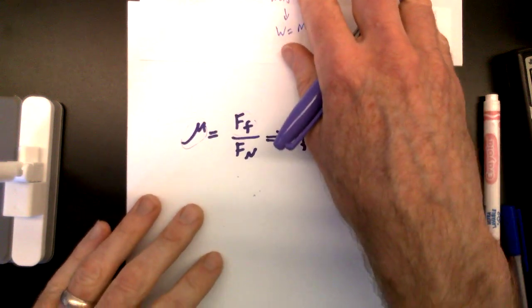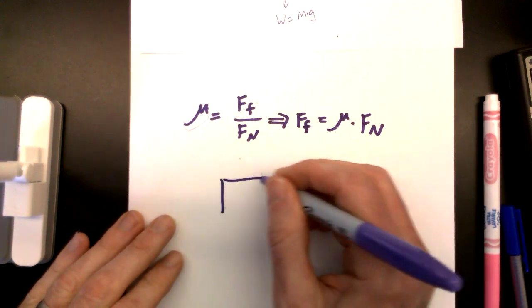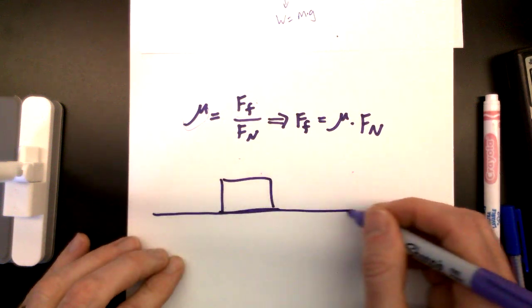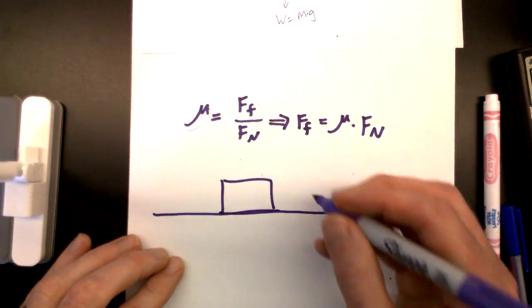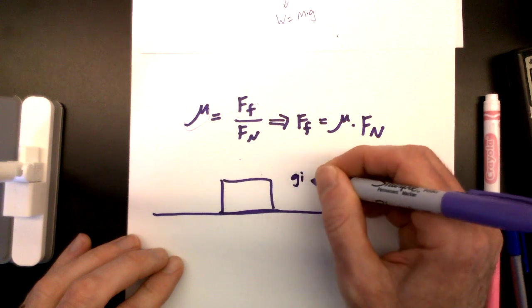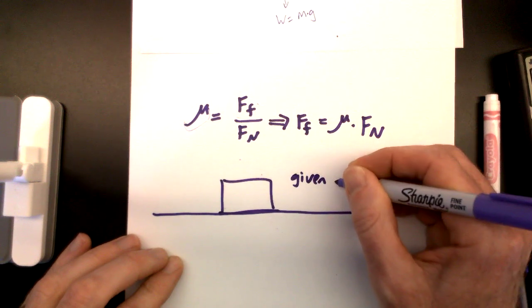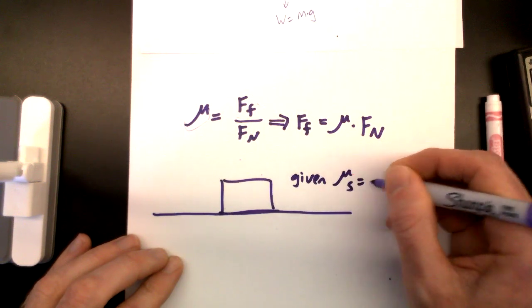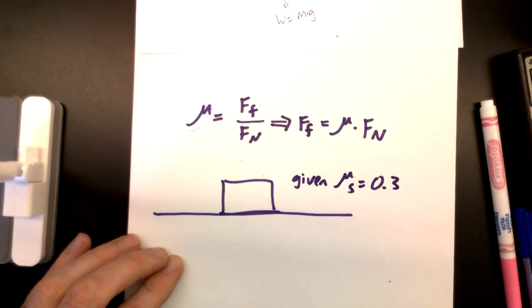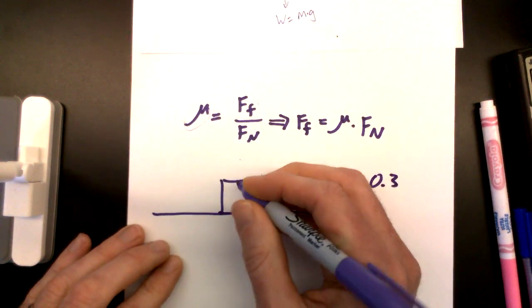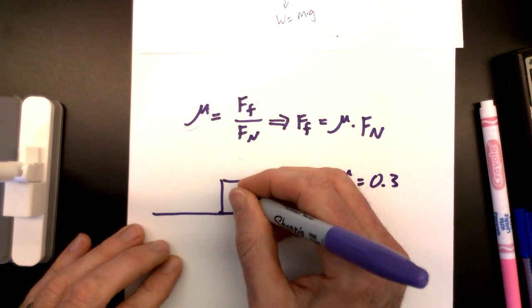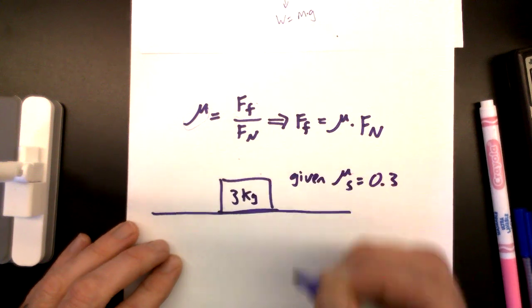Let's just do a quick example. Let's say I've got a box on a table, and let's say I'm given that the coefficient of static friction is 0.3. And let's also say that I'm given that the mass of this thing is 3 kilograms.